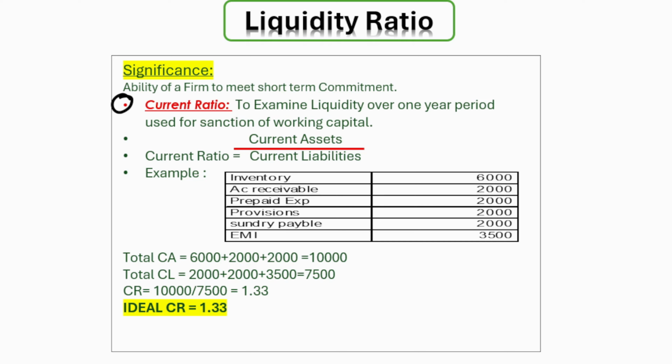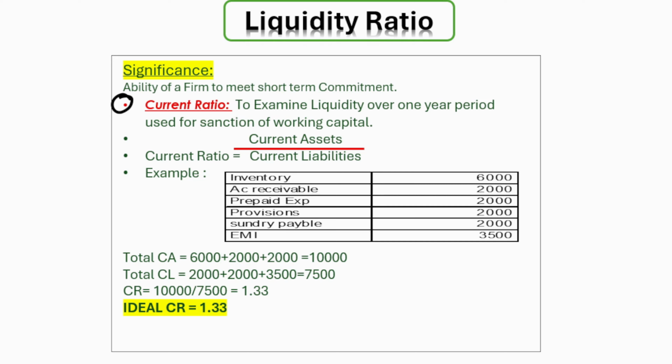Not only those, one should be familiar with the balance sheet components. Suppose something is given like sundry payables. You should know under which heading sundry payables come: current liabilities, current assets, or term loan liabilities. And if the value of marketable securities is given, you should know marketable securities come under current assets.